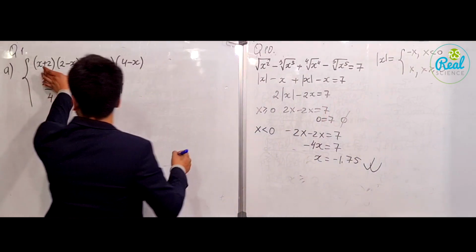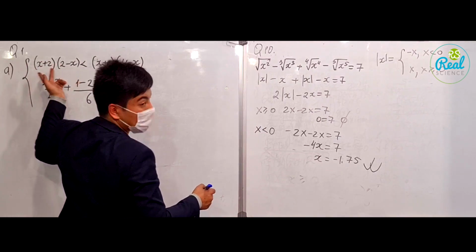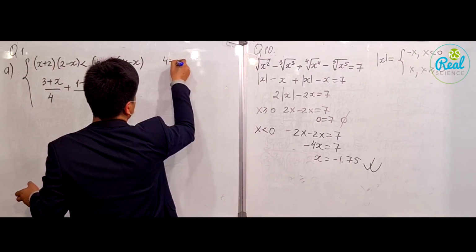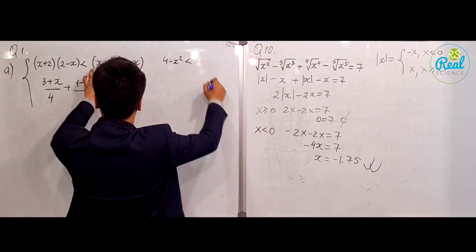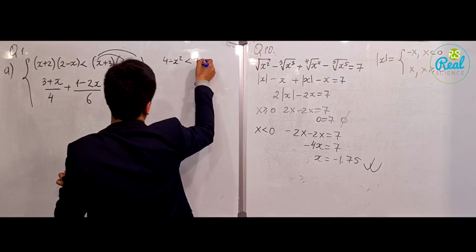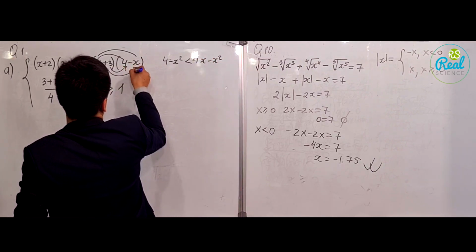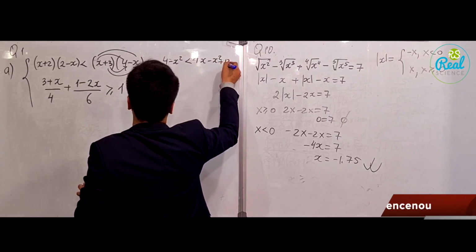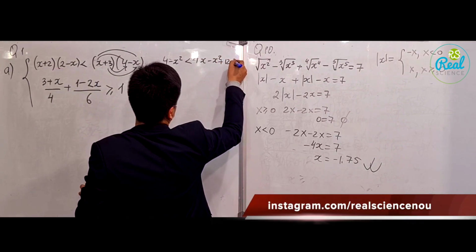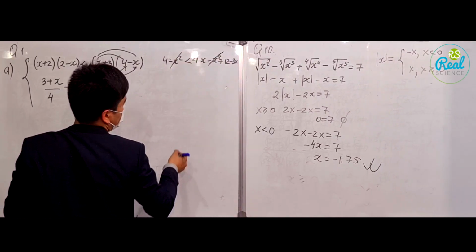So when we open this, 2 plus x will change, yeah? 4x minus x squared. When we multiply this to this, 12 minus 3x, yeah? And minus x squared, yeah?